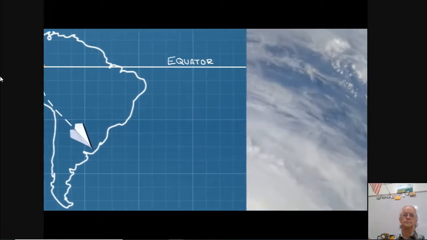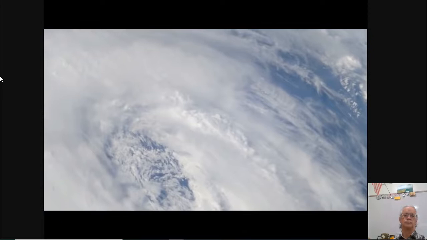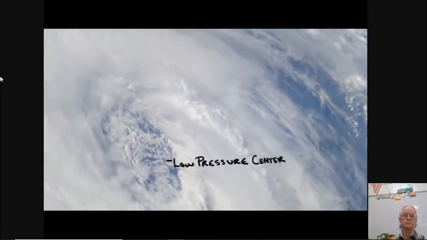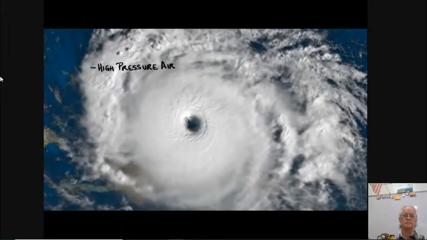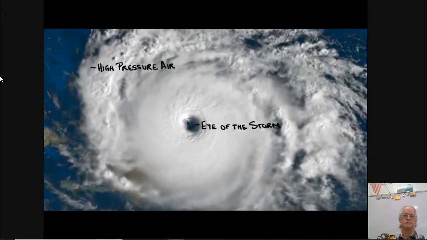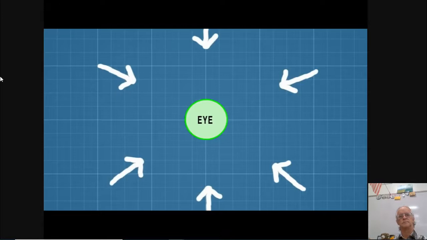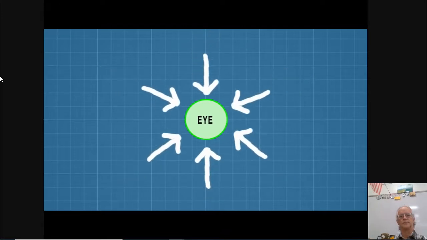So what does this have to do with hurricane spinning? Well, at the center of every hurricane is an area of very low pressure. As a result, the high-pressure air surrounding the center, or eye, of a storm is constantly rushing toward the low-pressure void in the middle. But because of the Coriolis effect, the air rushing toward the center is deflected off course.